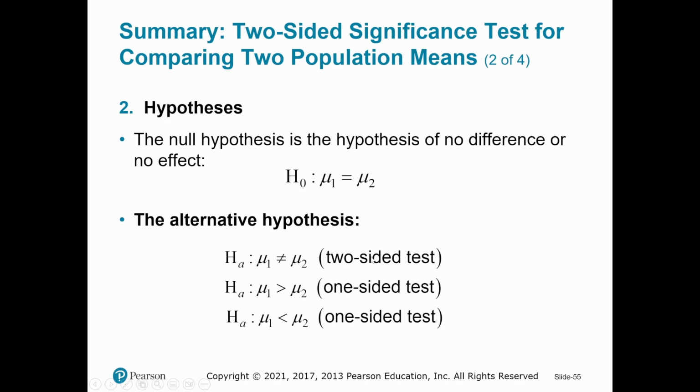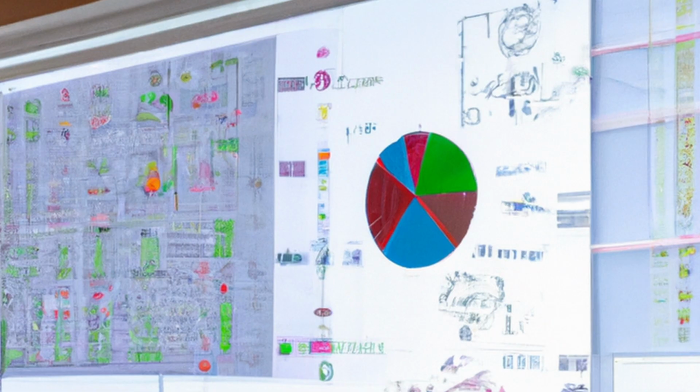How do you know which one to pick? Well, in the world that we live in, the real world, where cash is king, it depends who's paying your salary, because that tells us whether we are rooting for the null hypothesis or for the alternative hypothesis.